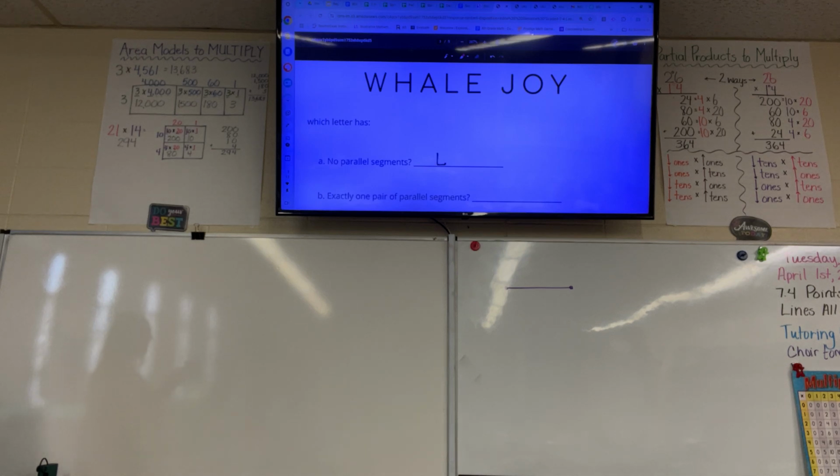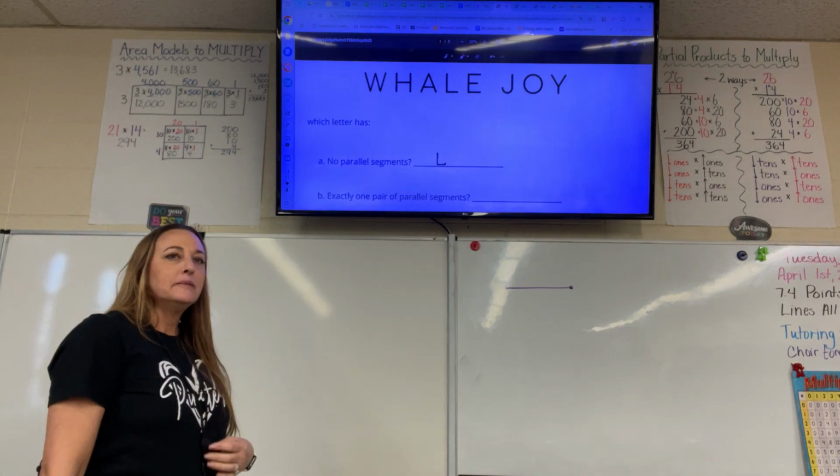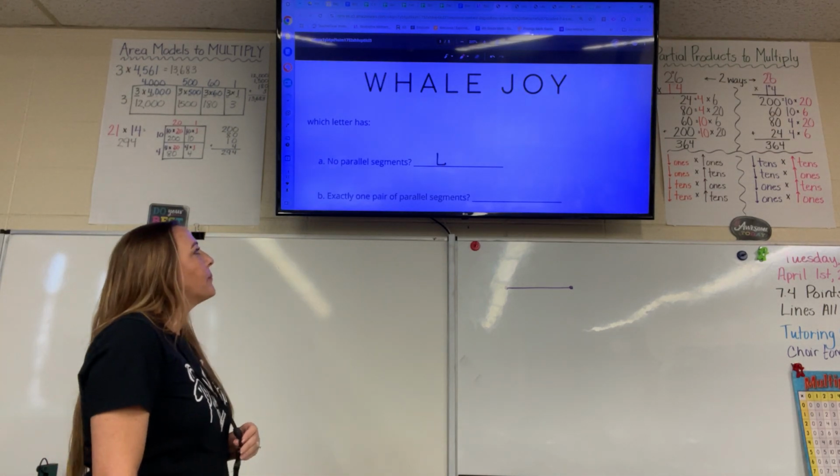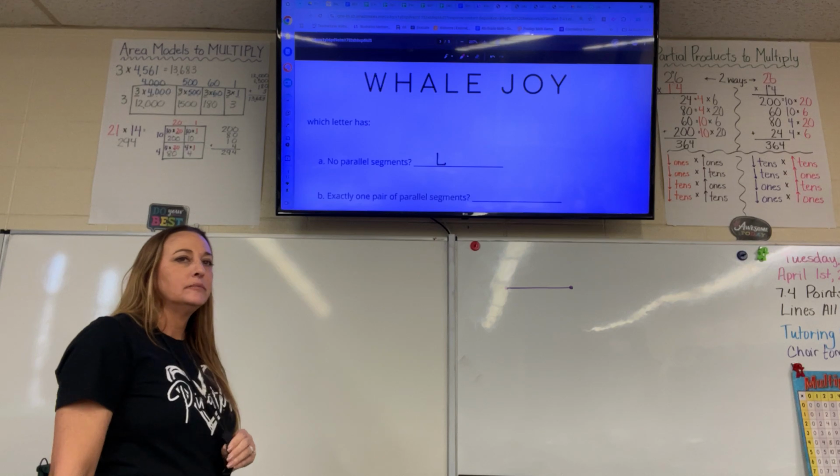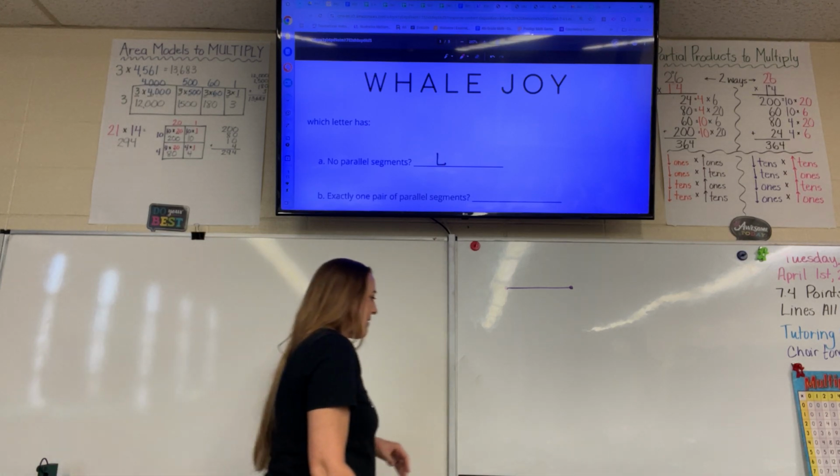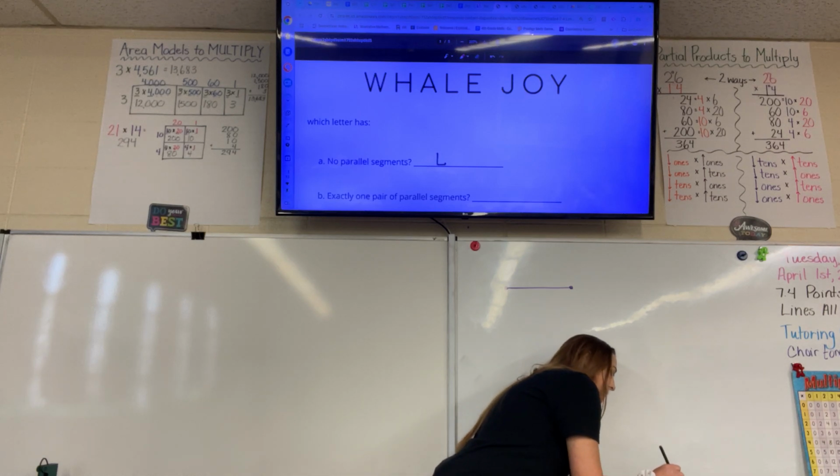Another letter that has no parallel segments, Autry. A does not have any parallel line segments.